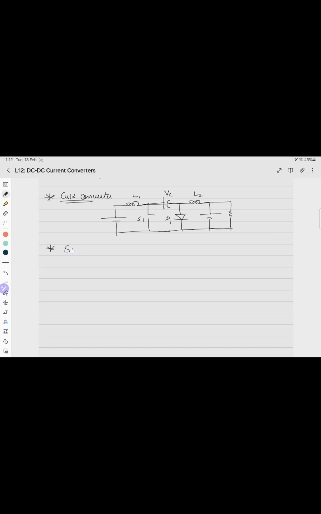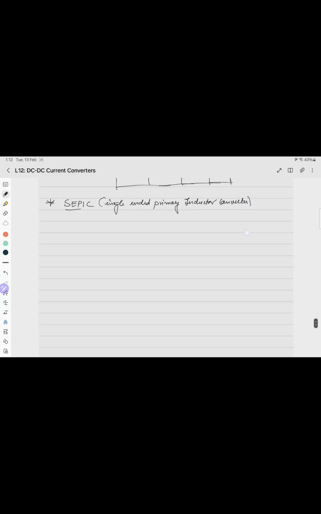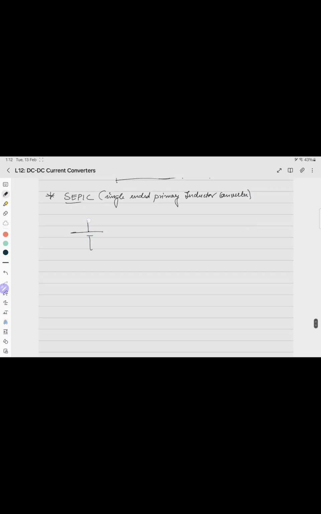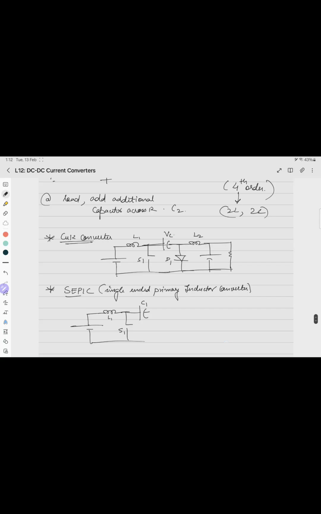Another one is the SEPIC. SEPIC means single ended primary inductor converter. A SEPIC converter has a voltage source, and the input looks very similar to a Cuk converter: L1, S1, this is also C1, C2.